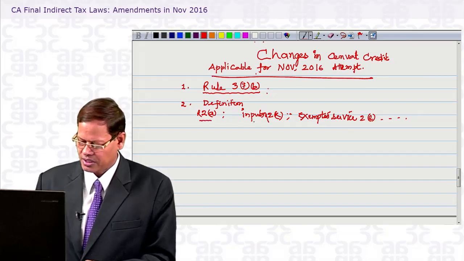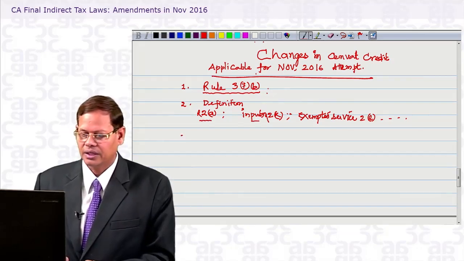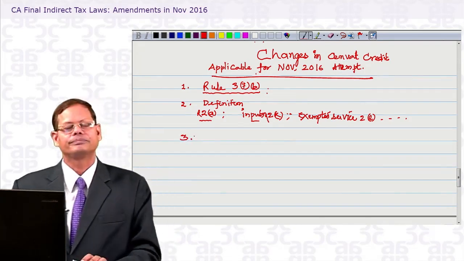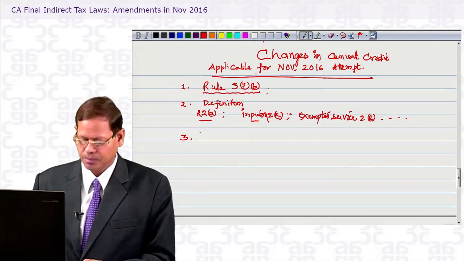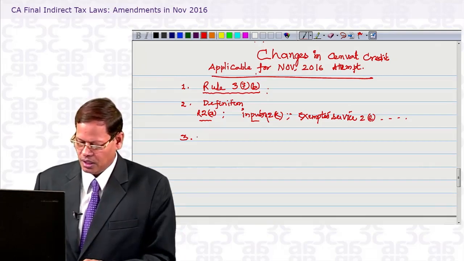these the definition parts, and thirdly what I am going to discuss is changes in the provisions, changes in rules.